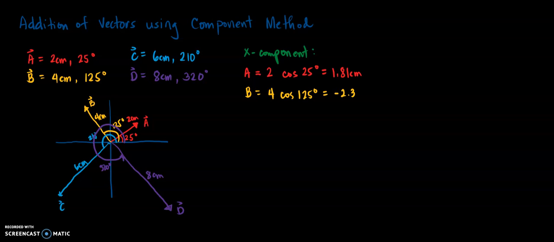Then for vector C, the x component is the magnitude of vector C, 6 centimeters, cosine of the angle formed by vector C from the reference axis, that is 210 degrees. So what is 6 cosine 210? That is negative 5.20.